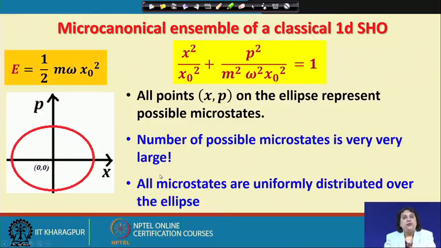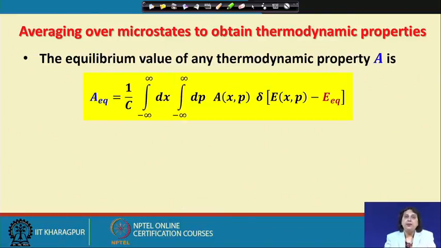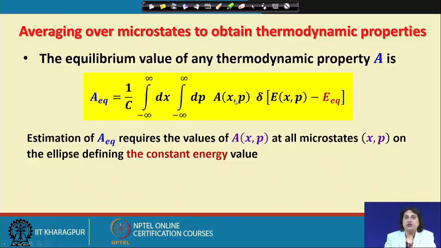With this framework in mind, the equilibrium value of any thermodynamic property A would be given by an expression like this, where x and p correspond to a given microscopic state in that ensemble. A is the value of that property when you measure it at that particular microstate, and I have put in the restriction that only those values of x and p are allowed where the corresponding energy equals the given total energy of the system.